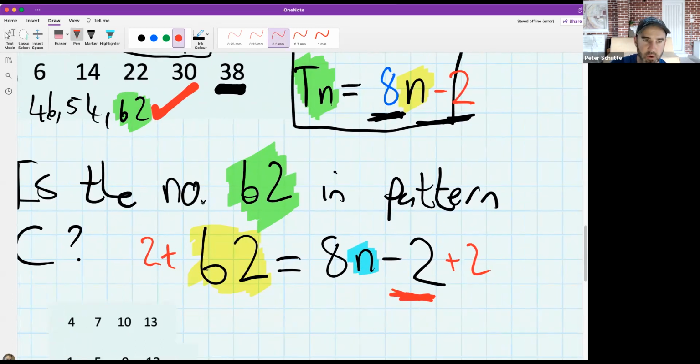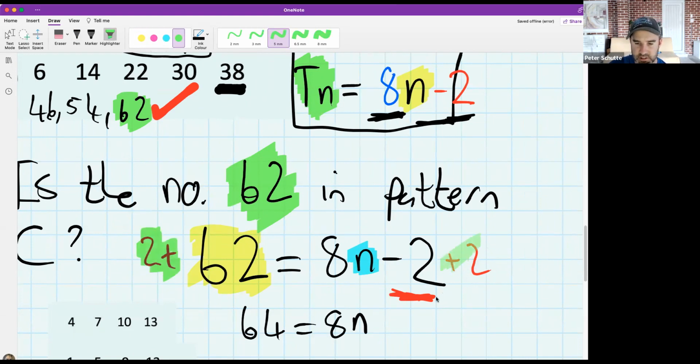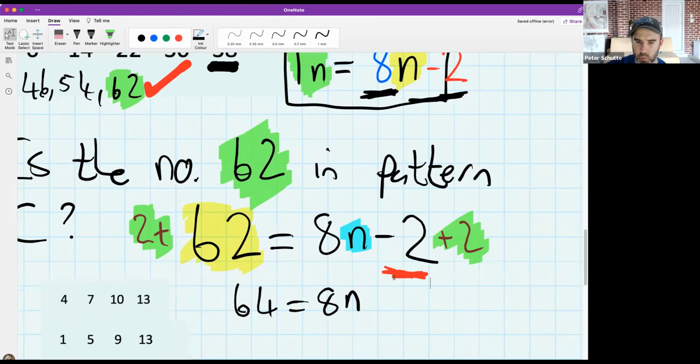So what I then get, if I add 2 to both sides, is 64 equals 8n. So take a moment to see if you understood what I did there. I basically just added 2 on both sides, and that was to get rid of that. Now, the next step, so what I'm doing is I'm just solving for n. I'll explain in a moment why I'm doing this.